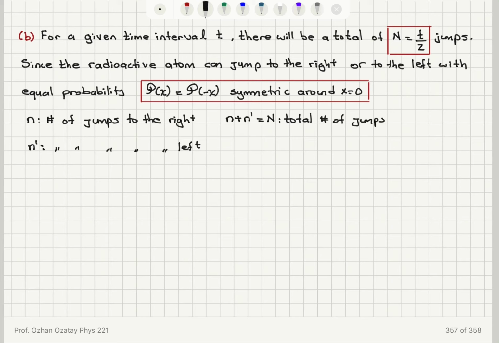And then I have n prime is equal to capital N minus n. Then I can talk about the net displacement or the total displacement to the right, which I call x.